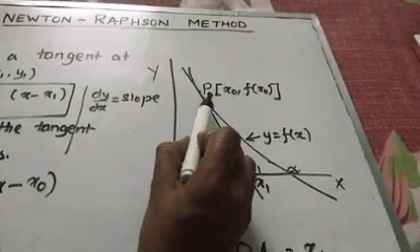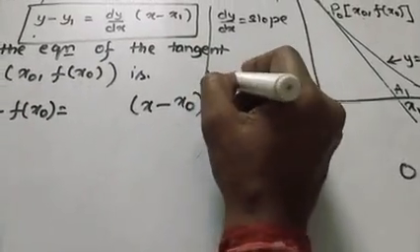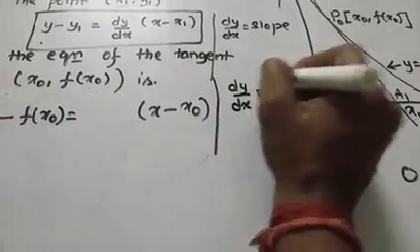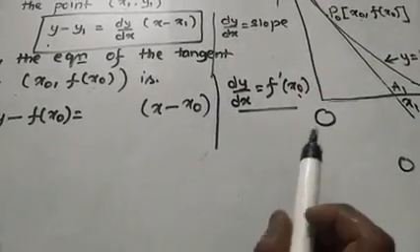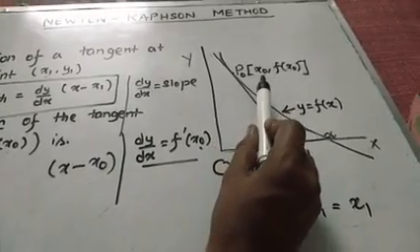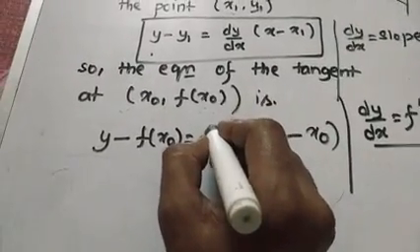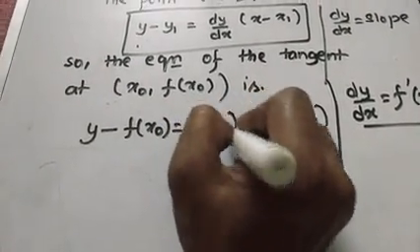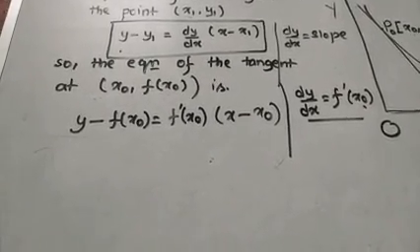At the p0 point, that is x0 comma f of x0. So here for this particular curve your slope dy by dx will be f dash x0. Why x0? Because we are finding the tangent at the particular point x0. So in place we are going to write here f dash x0. Okay, so this is the equation of the tangent at the point x0 comma f of x0.